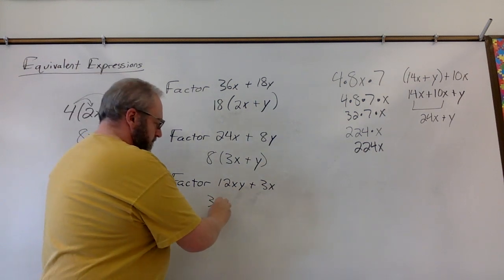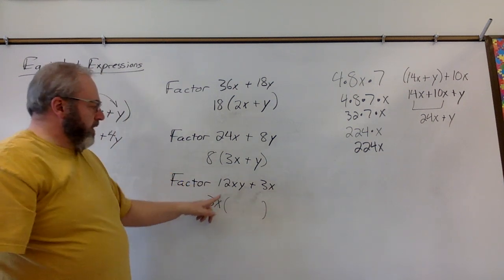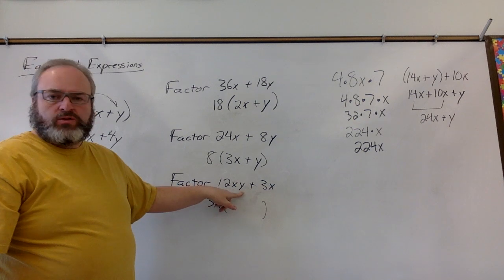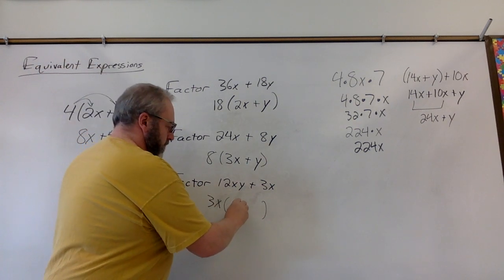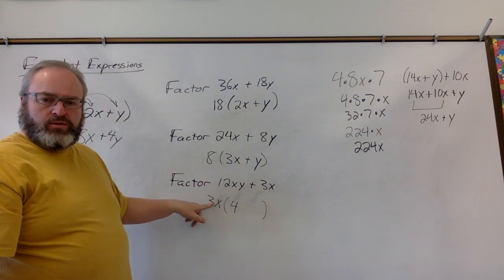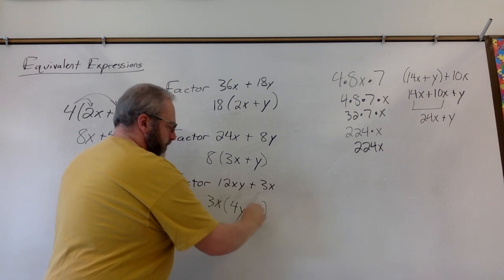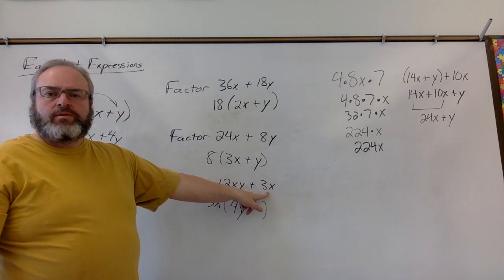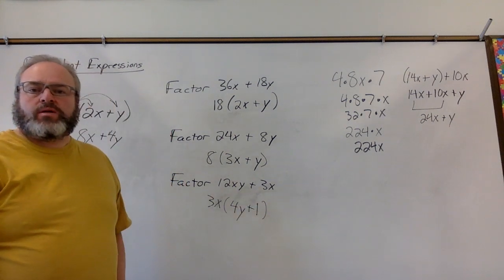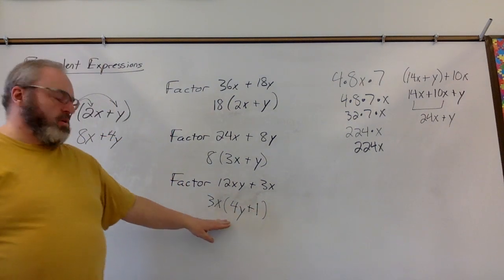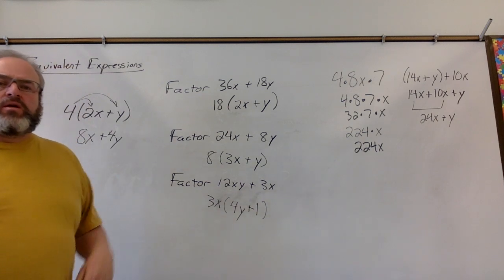So I'm going to pull the x out in front as well. 3x times what gives us 12xy? Well, 3 times what is 12? That would be 4. I already pulled the x out, so that leaves just the y. 3x times what is 3x? 1. 3x times 1 is 3x. So this is factoring this one that has a variable inside.